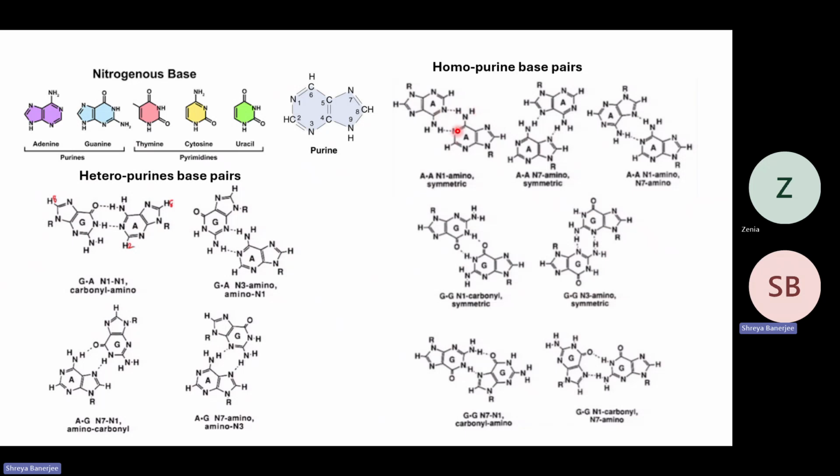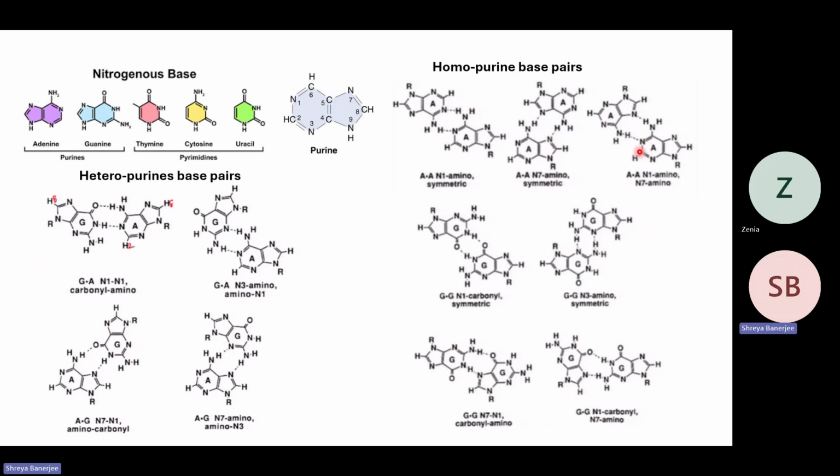Again, N1 of the other is pairing with the amino of this, and it is symmetric. Then you can have AA N7 amino. So N7 of one adenine is pairing with the amino of the other, and N7 of the other adenine is pairing with the amino of the first one. So again, this is symmetric.